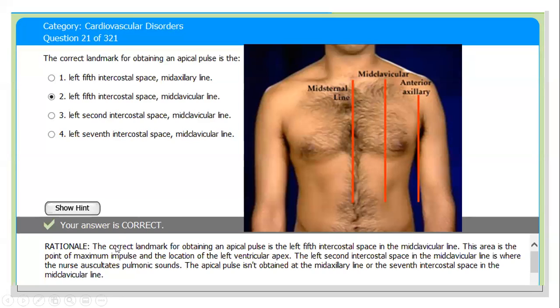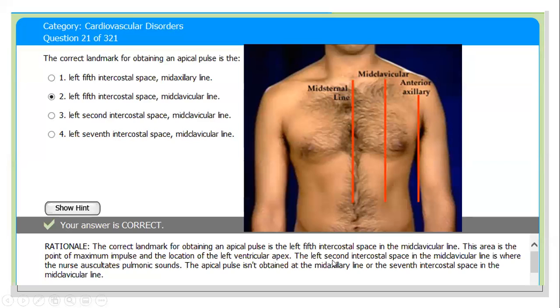The rationale: the correct landmark for obtaining an apical pulse is the left fifth intercostal space in the mid-clavicular line. This area is the point of maximum impulse and is located at the left ventricular apex.